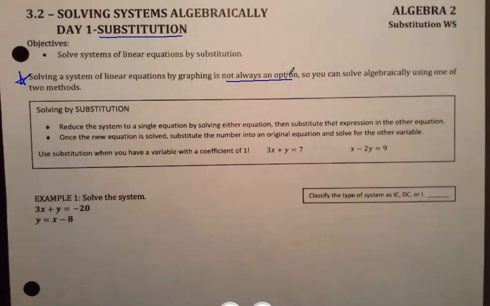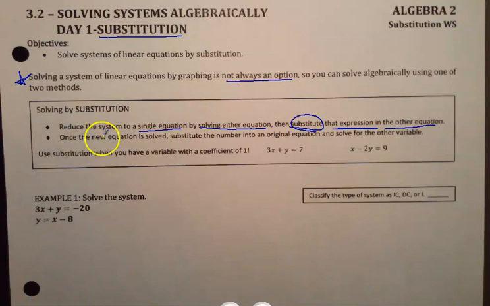The way that we can do this is we're going to reduce the system to a single equation by solving either equation. Then we're going to substitute, that's where it gets its name, that expression. We're going to substitute an expression, not a number, not one single value, into the other equation.